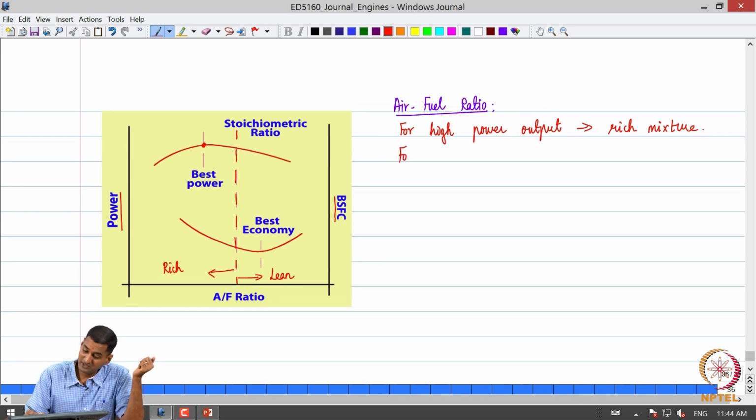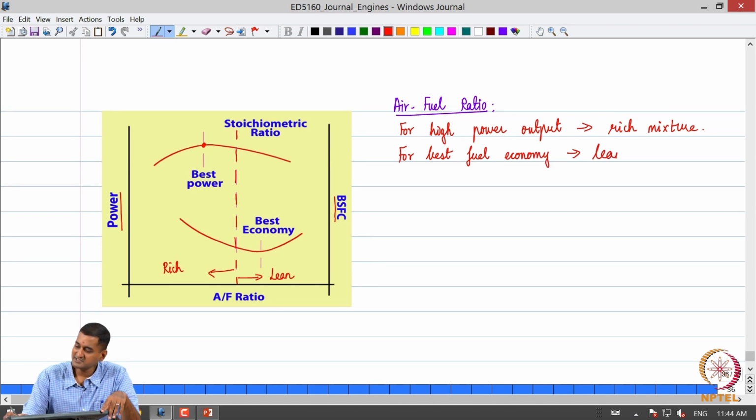So for best fuel economy, or mileage, a lean mixture is obviously preferred, and that is what happens when we are cruising. Typically, when we reach cruising speeds in a typical vehicle, and we are going at a constant speed on a highway, we would want to operate around this region, where our BSFC is low.